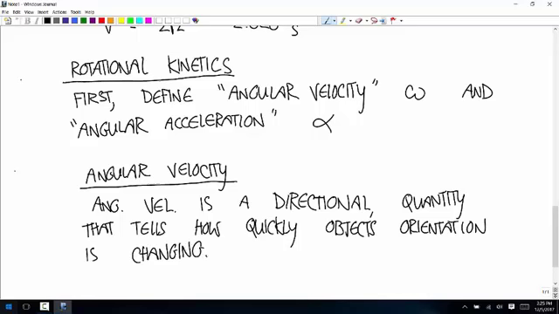And sometimes it can be a little confusing. There are a lot of similarities between circular motion and rotational motion.